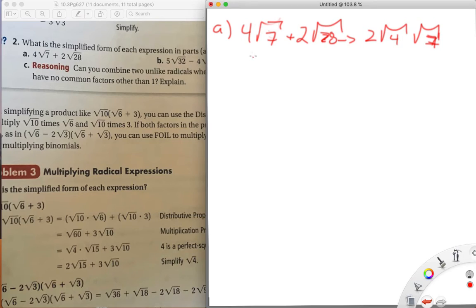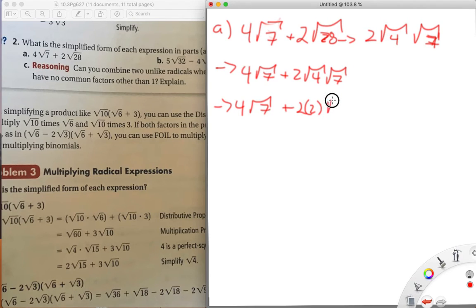So this can be renamed 4 root 7 plus 2 times the square root of 4 times the square root of 7. That turns into 2, so it'll be 4 square root of 7 plus 2 times 2 square root of 7 because the square root of 4 is 2.